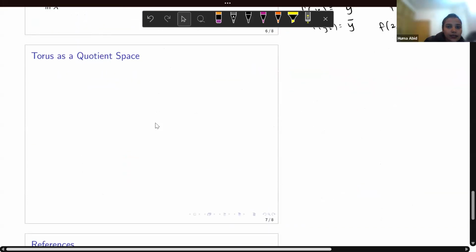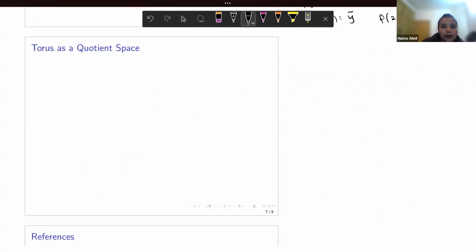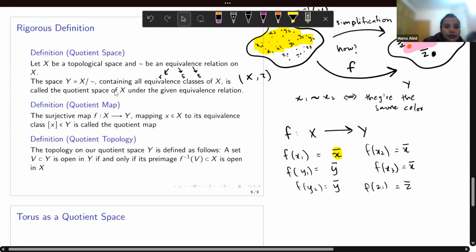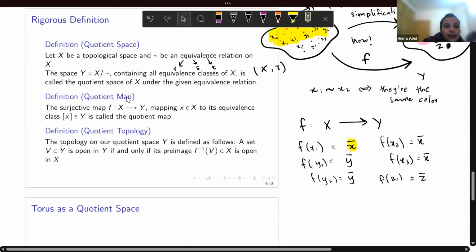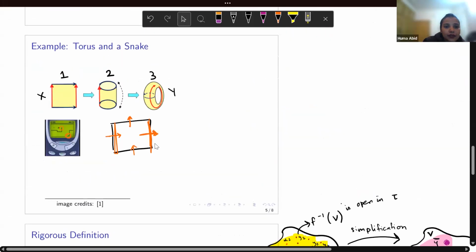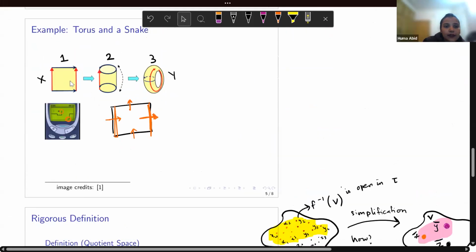Just one last slide and then we would be done. We can use the same rigorous definition to understand our torus, right? We said that we would define a torus as a quotient space based on this identification, but now we can mathematically define the gluing together.